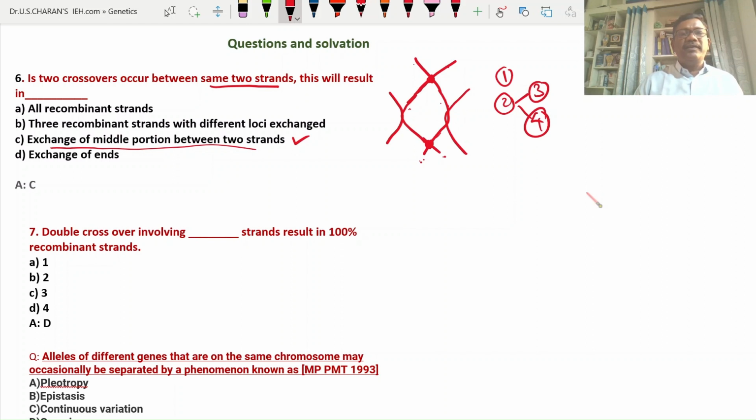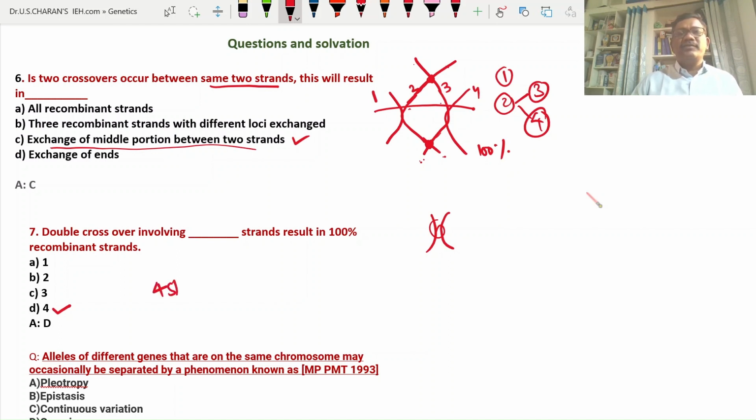Double crossover involving dash strands results in 100%. Means if 100% recombination should take place in this, what chromatids have to participate in the crossing over? All the chromatids have to participate to get 100% recombinations. So all 4 strands have to participate in the crossing over to produce 100% recombinations.